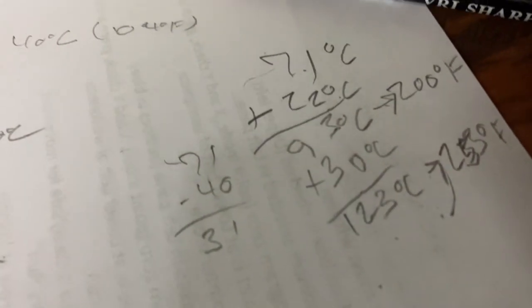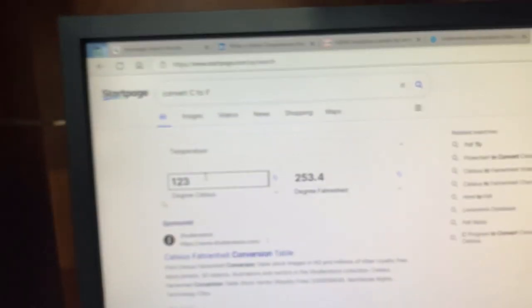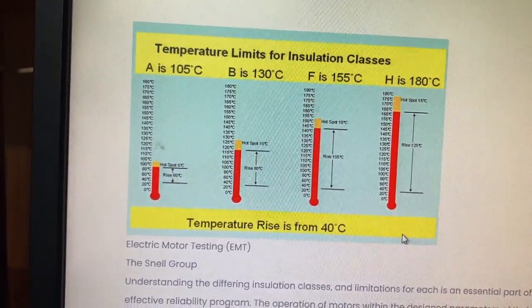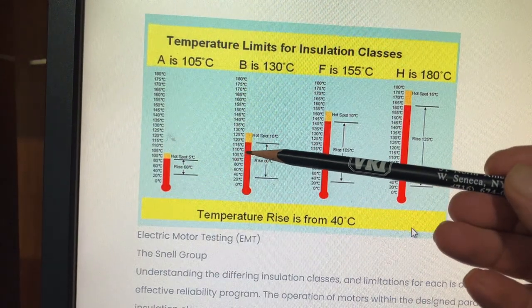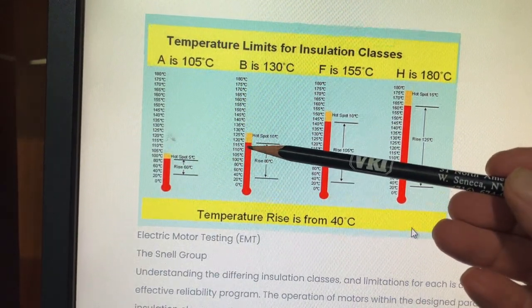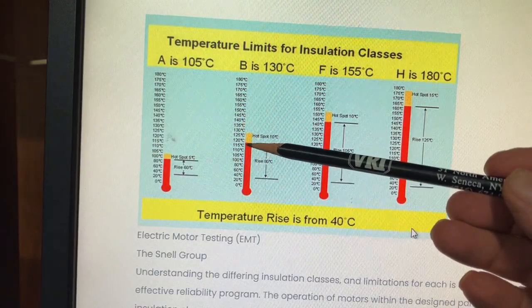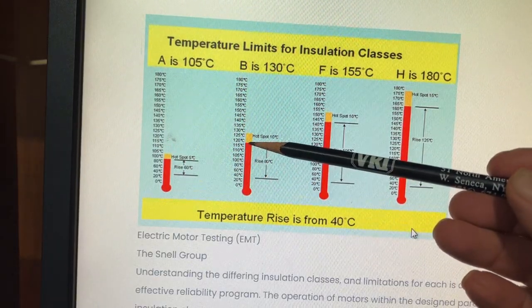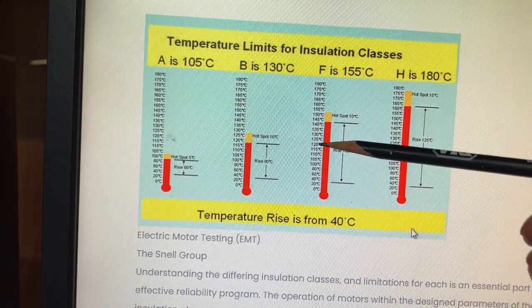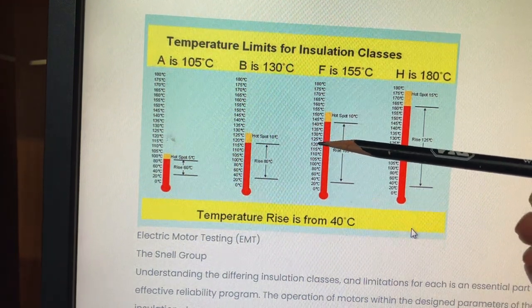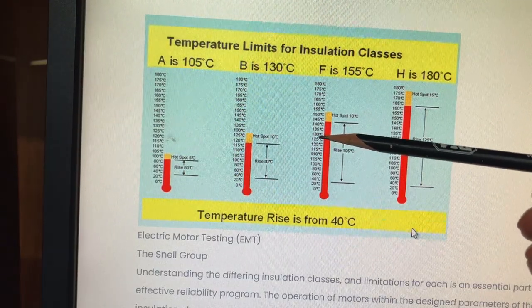All right, so now let's take a look. Add some charts. All right, so even if we said we're class B, I think we're class F. Like 123, I guess, is getting up there if it's class B. If it's class F, we're still well within the range.